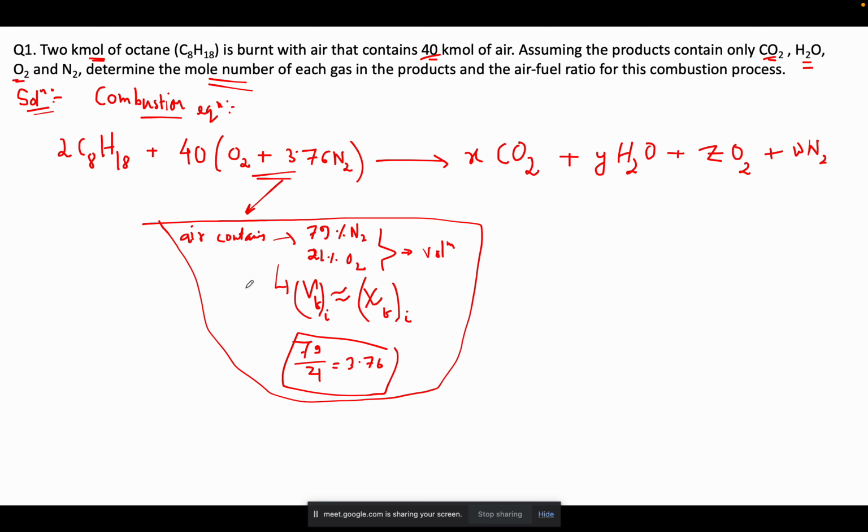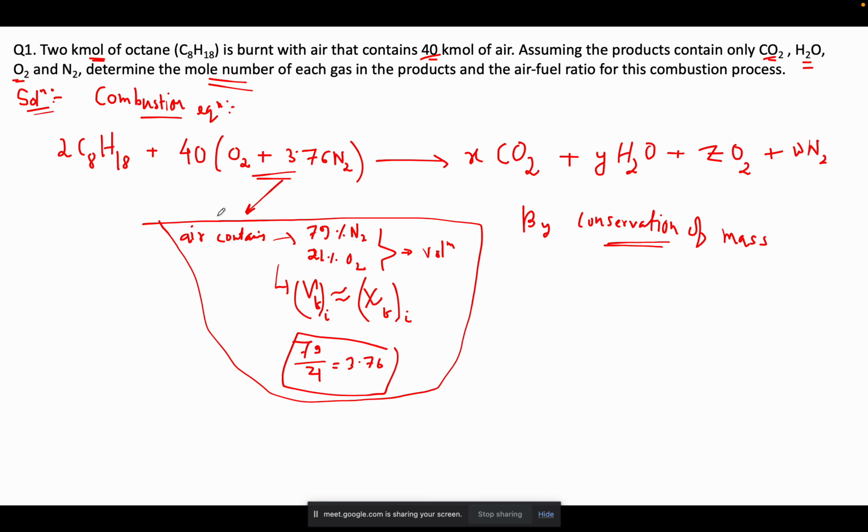And after that you have to determine the air fuel ratio for this combustion process. Okay. So in order to determine this number of moles, that means x, y, z and w for this chemical reaction, we simply have to go by conservation of mass. Conservation of mass tells us that the mass of the reactant will be equal to the mass of the product.